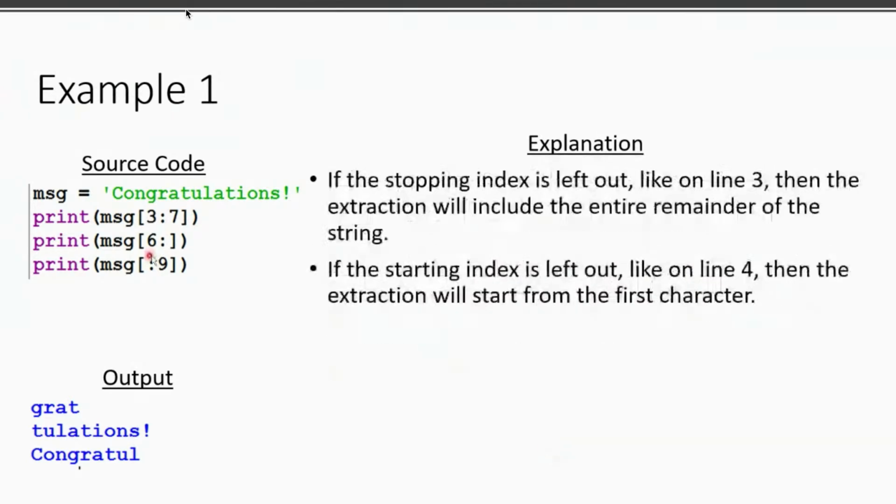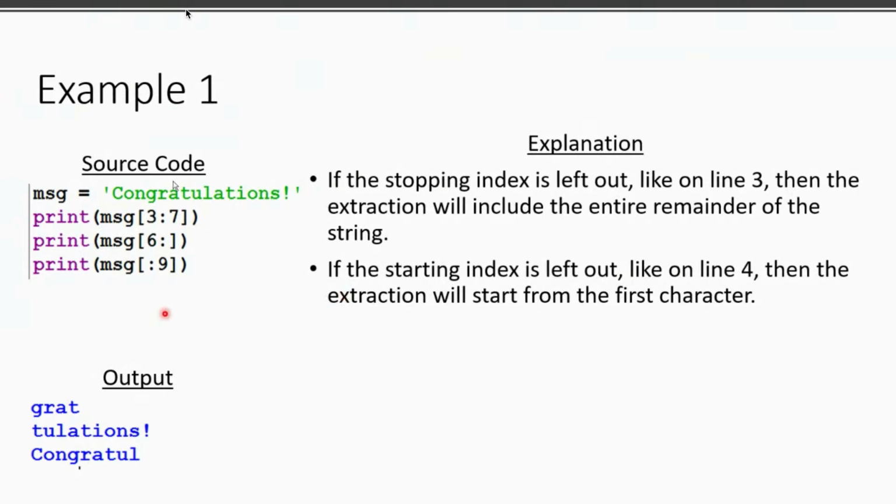If we leave out the second number, like message 6 colon, it starts at the 6th character and continues until the end. And if we leave out the first number, it starts from the beginning and stops at 1 before the ninth number.